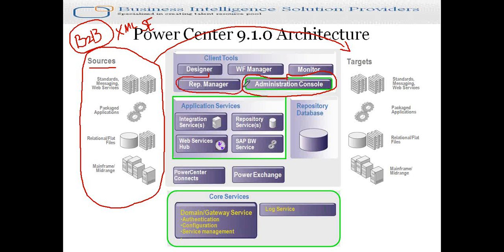Okay, this repository manager tool is especially used only for deployment and your folder organization, giving permissions, enabling the versioning, disabling it, and things like that. Okay, so we'll see more of these in detail going forward. For now, those are the main features, or why Informatica is on the top list.